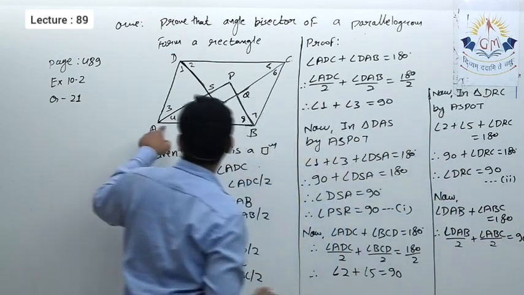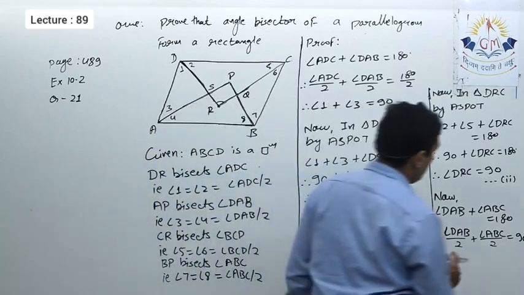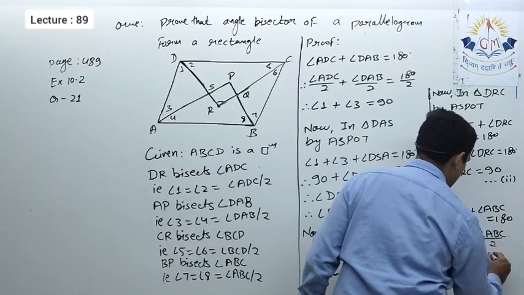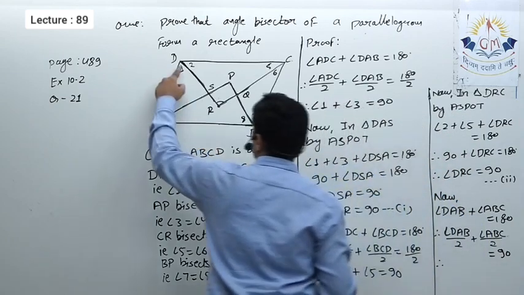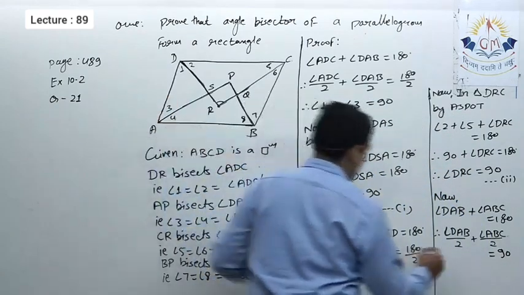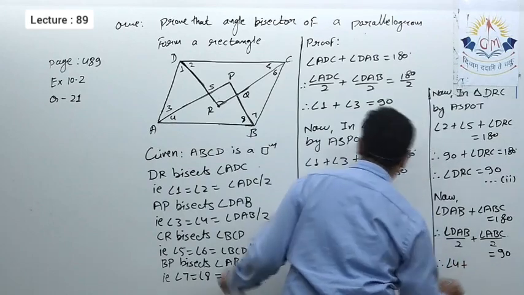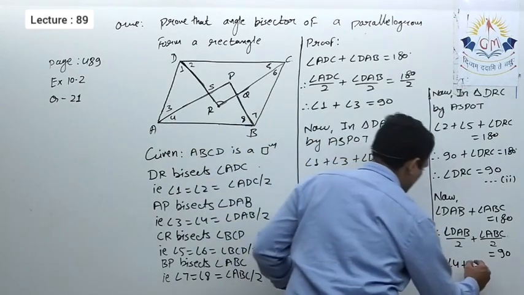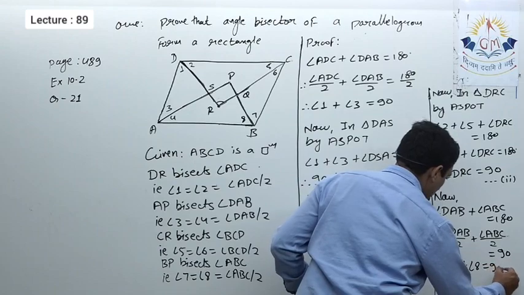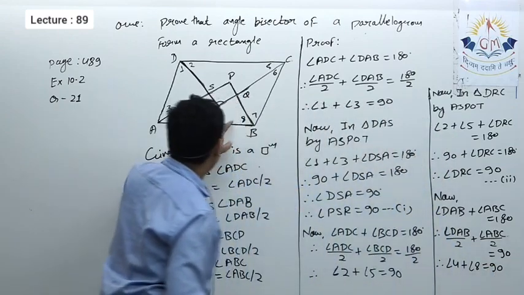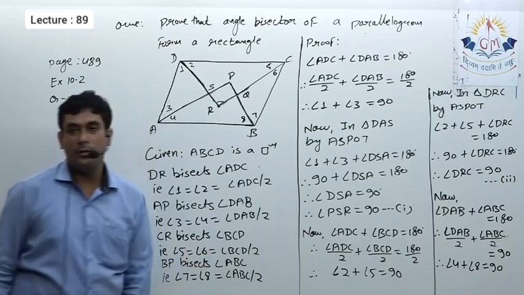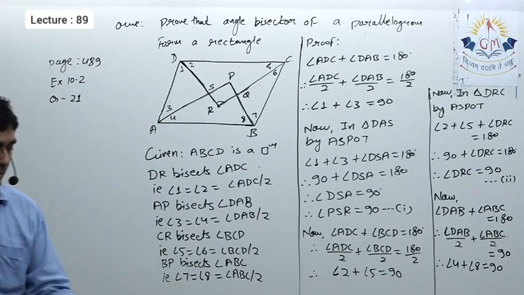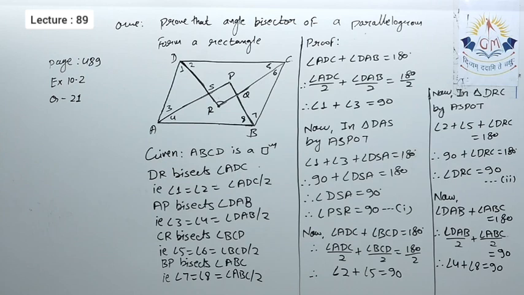Now half of DAB is angle 4 and half of angle ABC is angle 8, so 4 plus 8 is 90, so we'll get APB 90. So note it down up to this point, then we'll see the remaining solution.